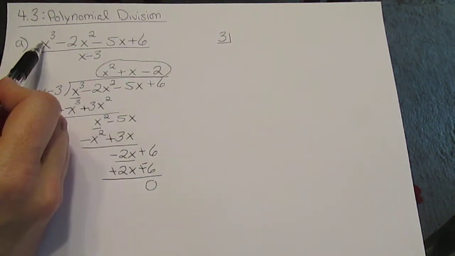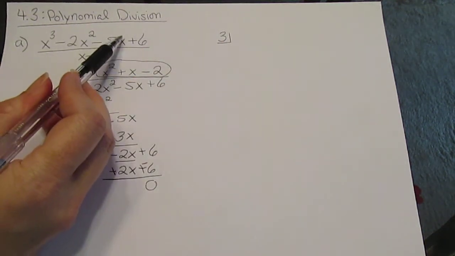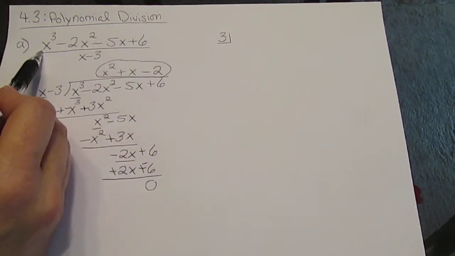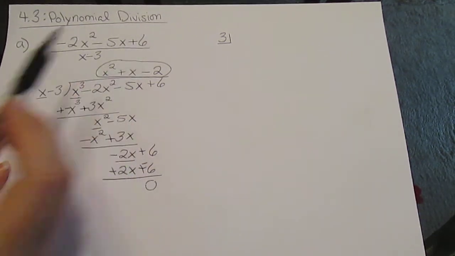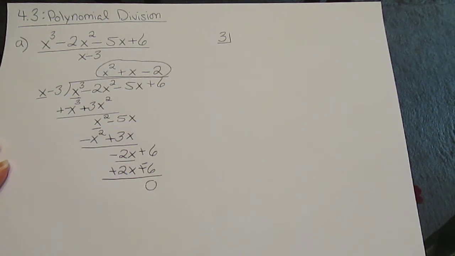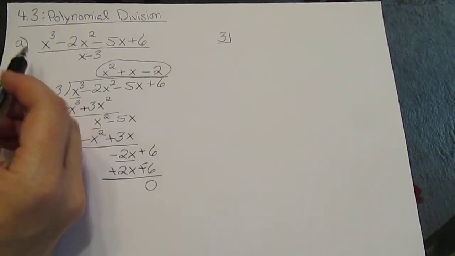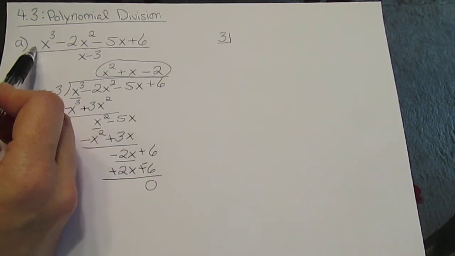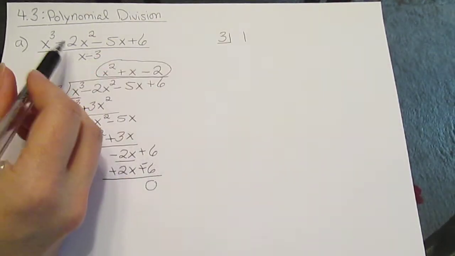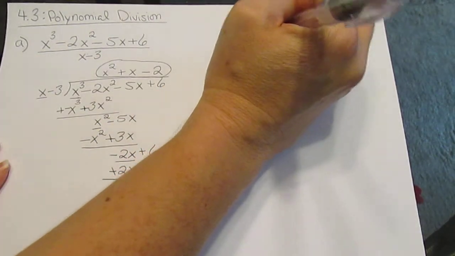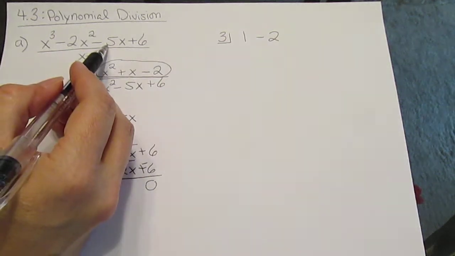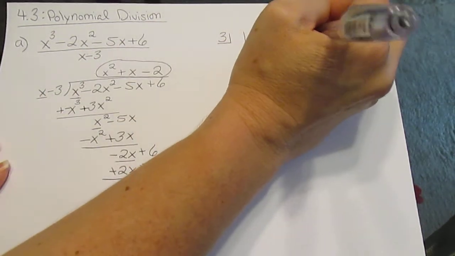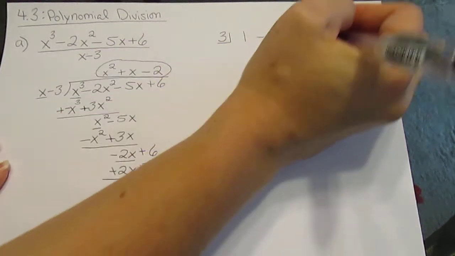Okay, so again, make sure it's in descending order and make sure you're not missing any of the terms. But we already discussed that we weren't missing any of the terms in this one. So we'll just write down the coefficients. We've got a 1, a -2, a -5, and a 6.